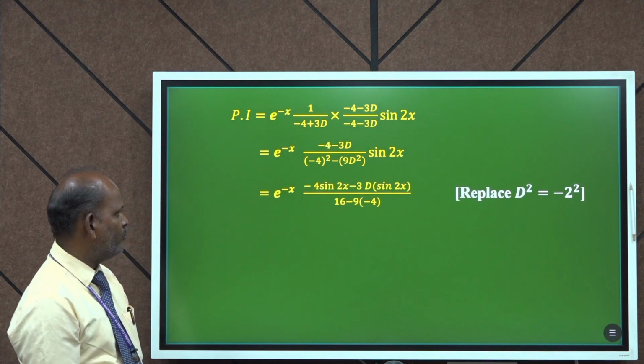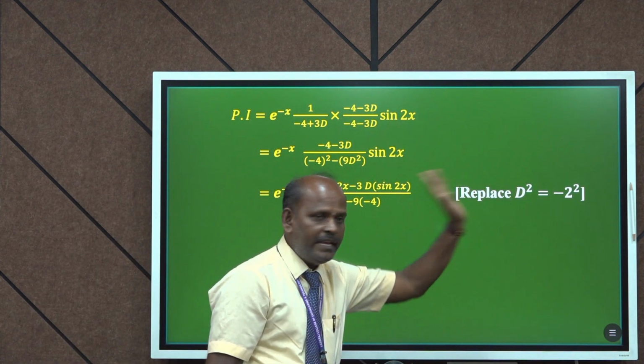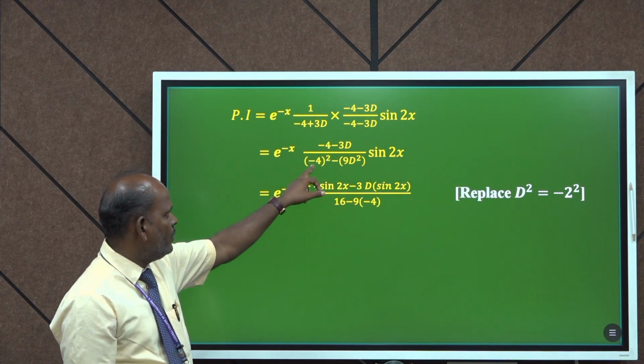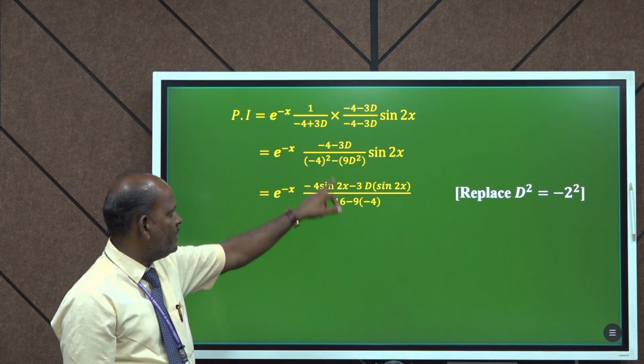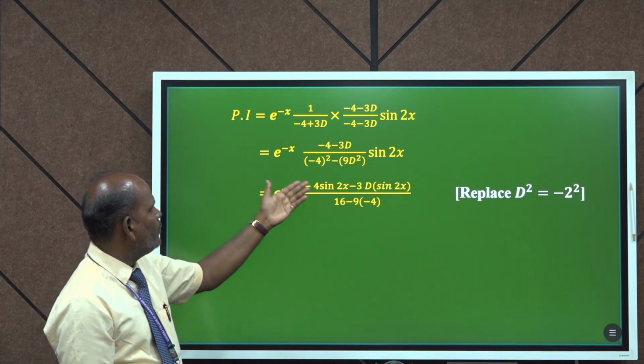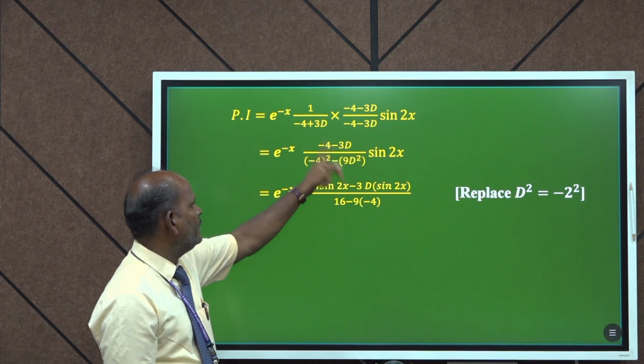Here in type 2, D square is equal to minus a square, where a is equal to 2, so our denominator becomes (minus 4) the whole square, which is plus 16, minus 9 into D square, that is minus 4. In the numerator, sin 2x operates inside.